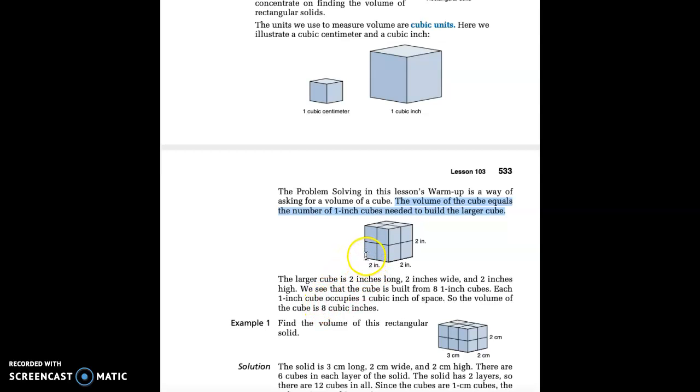We know we have 2 on the bottom row, we have 2 on the top row, then we have 2 on the vertical row. And so to find this multiplying, we go 2 times 2 times 2, or 2 inches by 2 inches by 2 inches, which is going to give us 8 total 1-inch cubes.